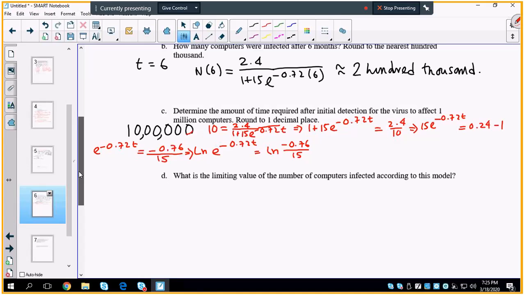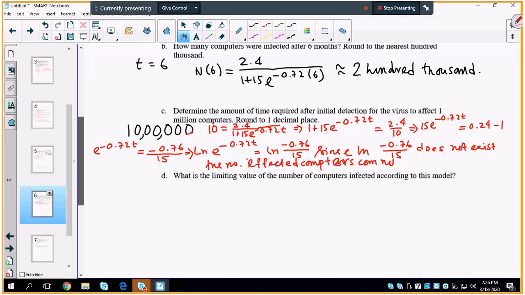Since the natural log of negative 0.76 over 15 does not exist, I will say that the number of affected computers cannot be 1 million. And that would answer this question.